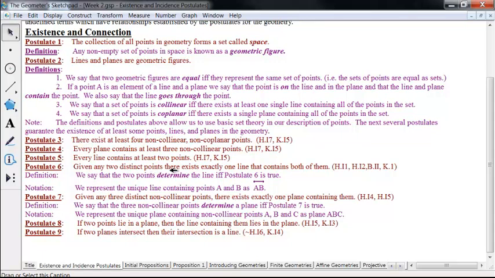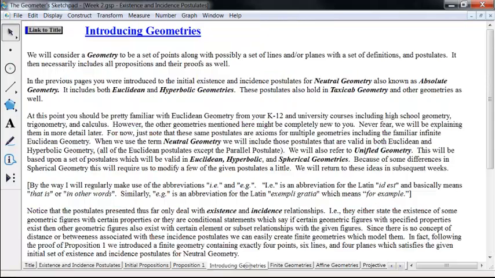If we modify it a little bit differently and talk about these being called antipodal points, like the North Pole and South Pole, if we eliminate those, then for any two distinct and non-antipodal points, there exists exactly one line that contains both of them. With that modification, postulate 6 is true in all these geometries. And then I think everything else we can keep. So it's just that one slight change, and then we have something that works for spherical geometry as well.